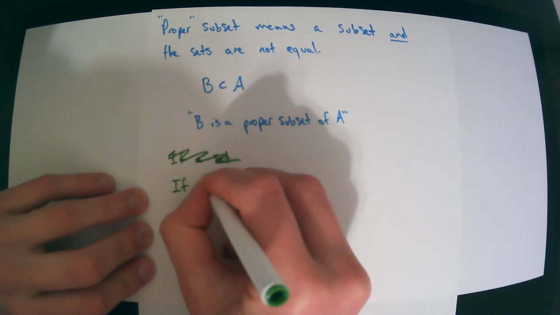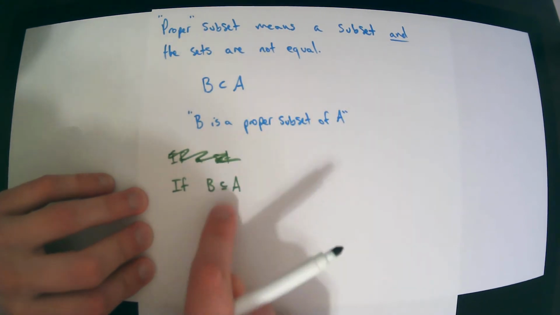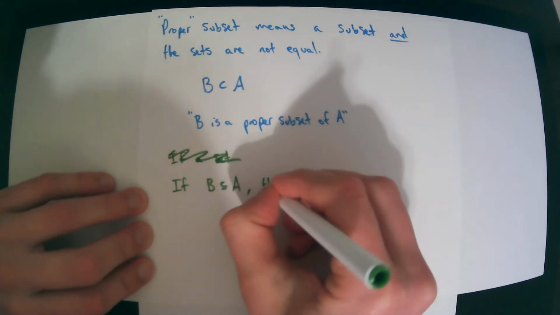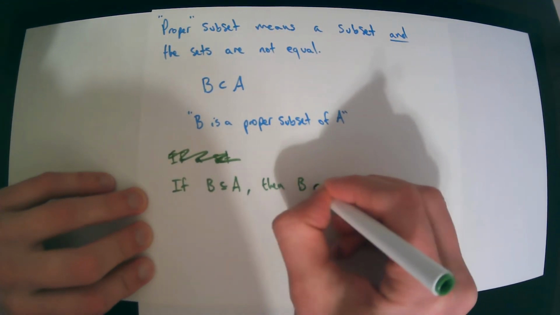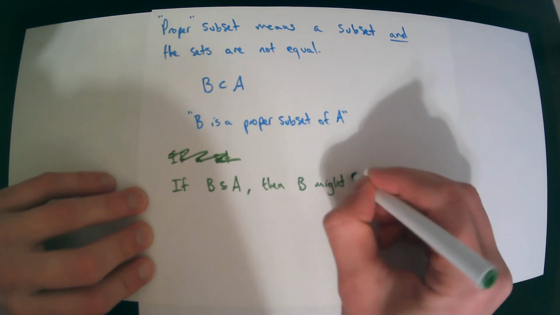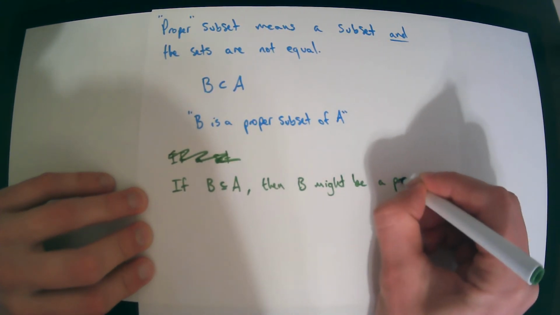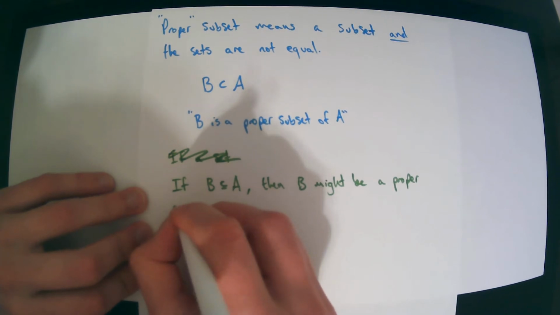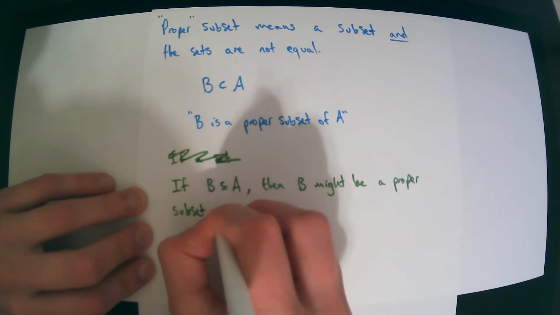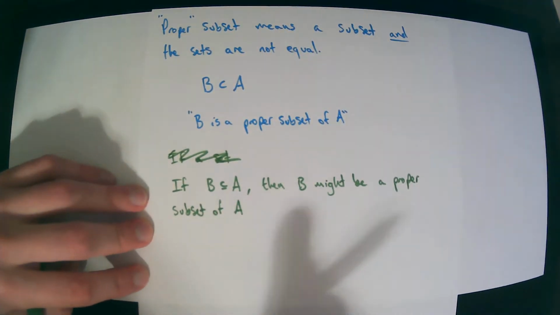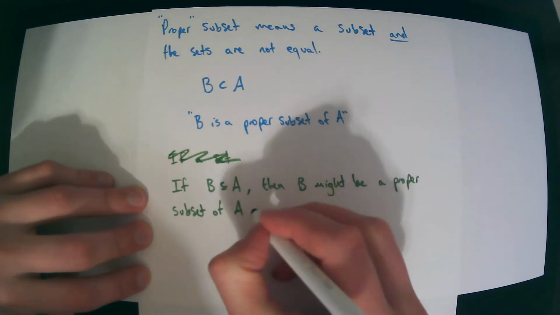If B is a subset of A, so the old definition, then B might be a proper subset. It could be. In fact, it's only a proper subset if it's not equal.